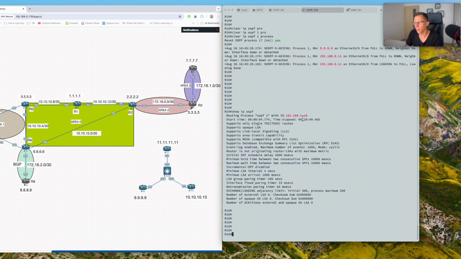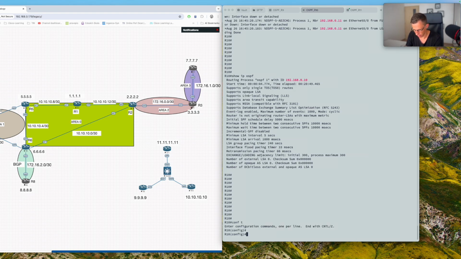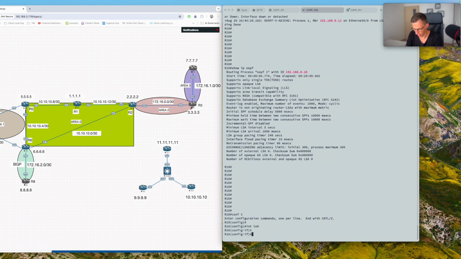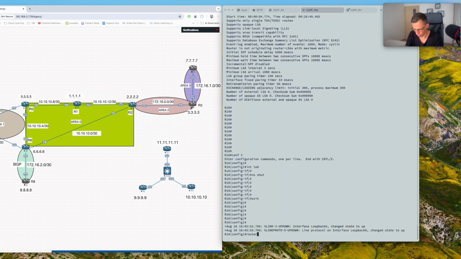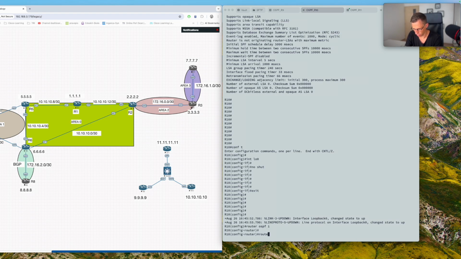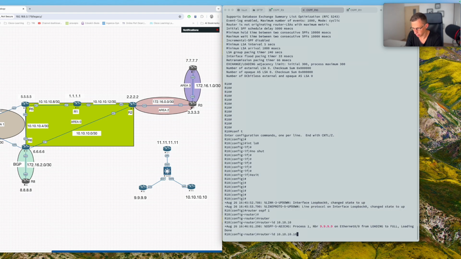So what we can do here, we can fix it back by configure terminal and do interface loopback 0 and do no shut. Then go back to router ospf 1, the router ID should be 10.10.10.10.